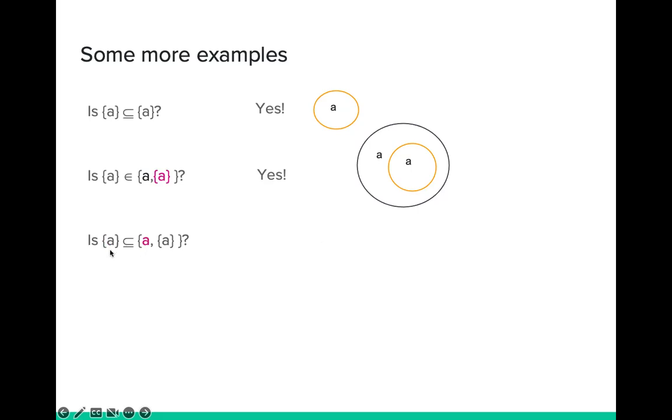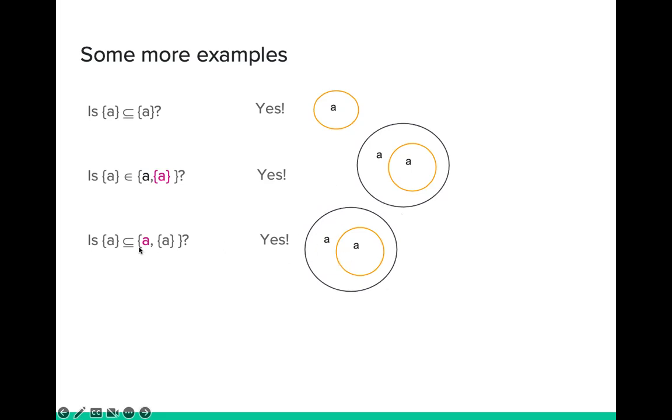Okay, so can we consider that this set is a subset of the same set? So in this case, yes. So we can see that every element in this set is present in another set. Okay, so we can see that this orange set has an element A, and every element of this set is contained in the superset.